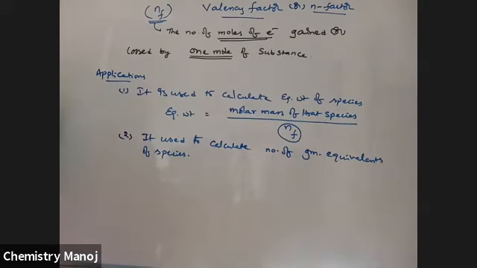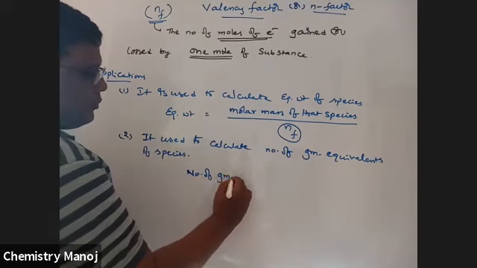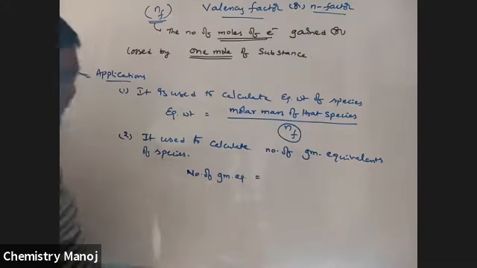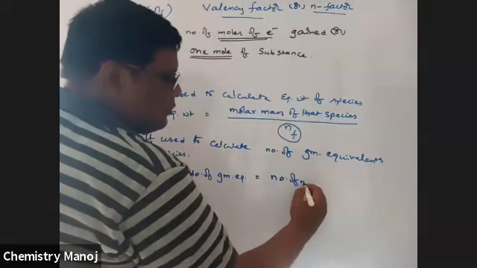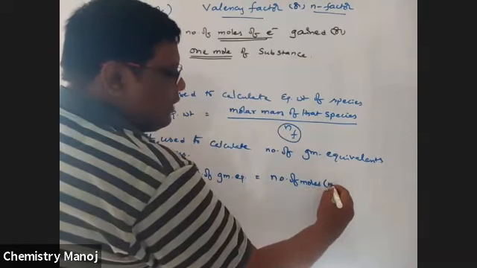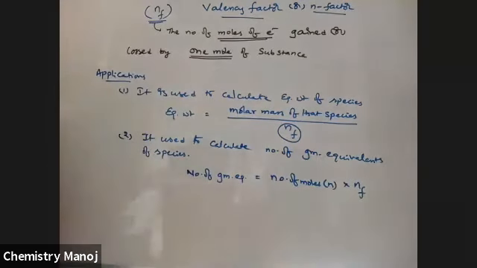What is this number of gram equivalents? Number of gram equivalents is equal to number of moles, indicated with the letter n, into n factor. Number of moles into n factor is the number of gram equivalents.